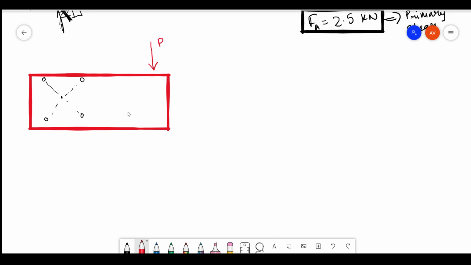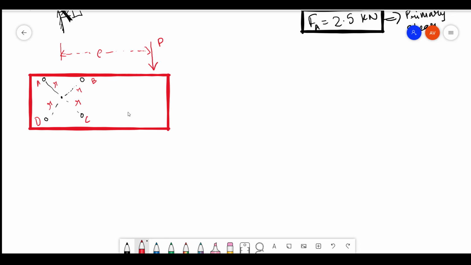Let me take it as P, and you have some eccentricity. Let's say this distance is R, because in this case everything is the same, R1, R2, R3, R4. So I'm just taking it as R, for A, B, C, D. How will the forces behave? How is it supposed to behave?